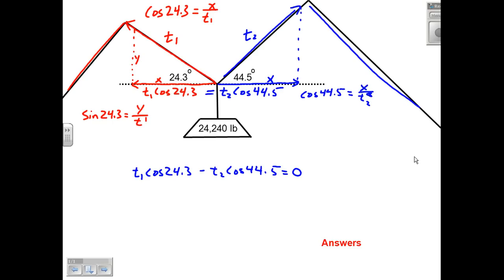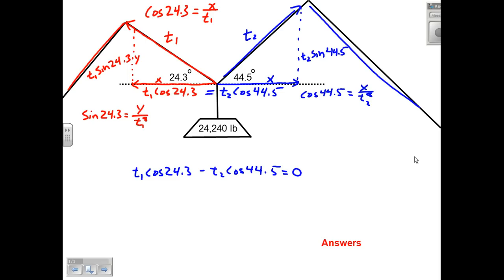Our Y value could be represented as T1 sine of 24.3. And I think you get the picture at this point. So likewise, this Y component over on T2 could be listed as T2 times sine 44.5.